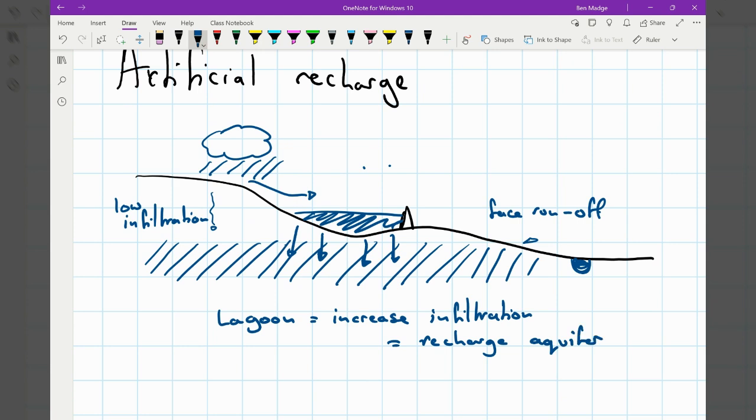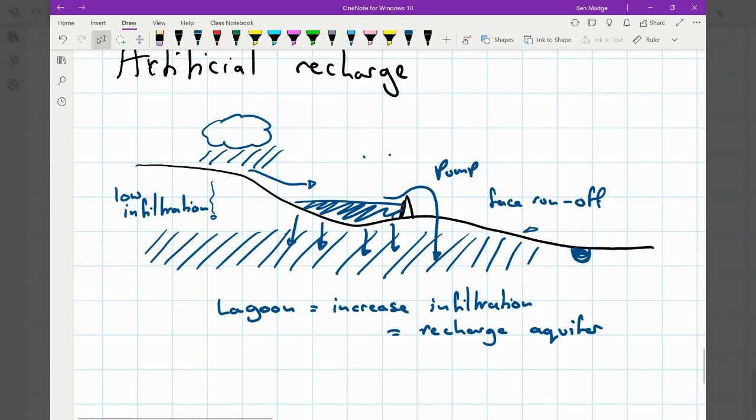Alternatively, what we might do is take that water that we've captured and actually pump it into the aquifer. So we can pump recharge the aquifer.